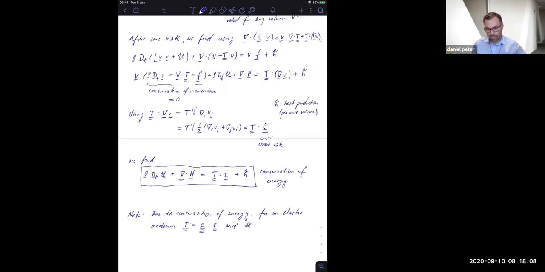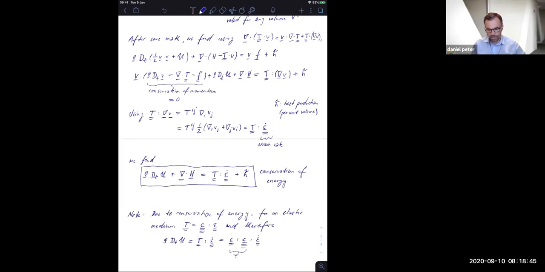And so if we look at the conservation of energy for such a medium, we see that we would have rho DU/Dt equal to the stress tensor dotted with strain rate, which then basically can be written with Hooke's law as strain times the elastic tensor dotted with strain rate here.